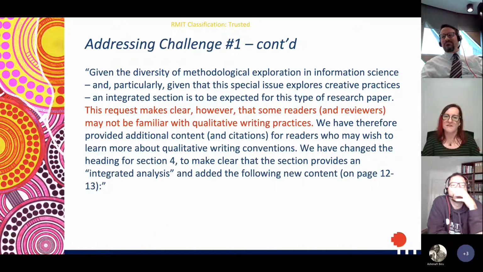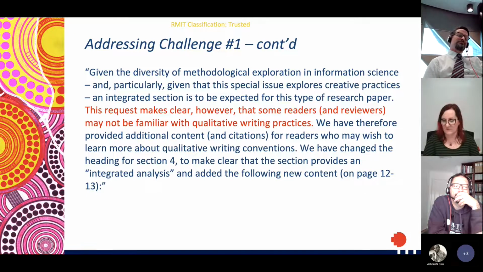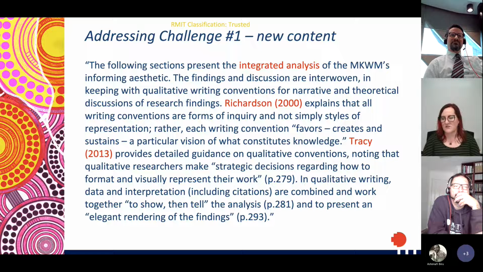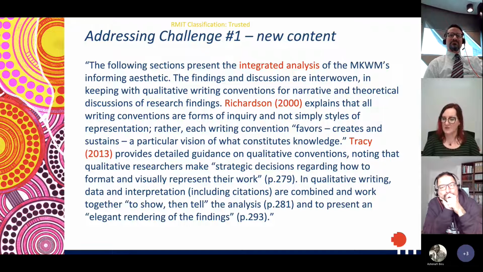But what I did this time was I also made some other points, that people may not be familiar with this, and therefore we decided to provide some additional content in the body of the paper itself. So this is the excerpt that I've written into the paper at the start of my results section to basically position this.